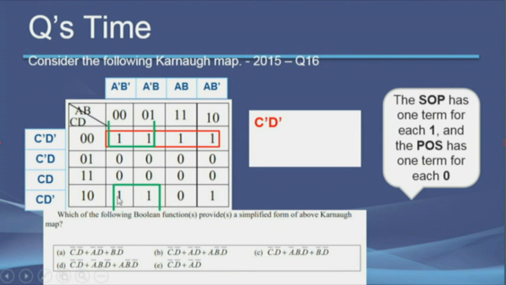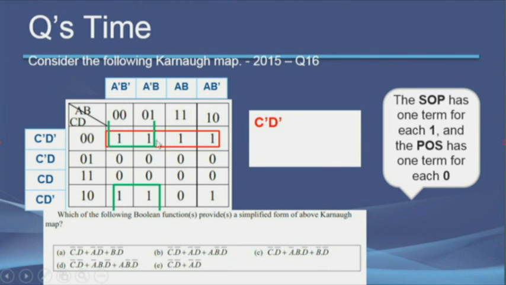So, you can see there are two ones. You tend to group only these two, but unfortunately it is not the most simplified one because you can group it with the above two. So, it makes a group of four ones, not only two ones.